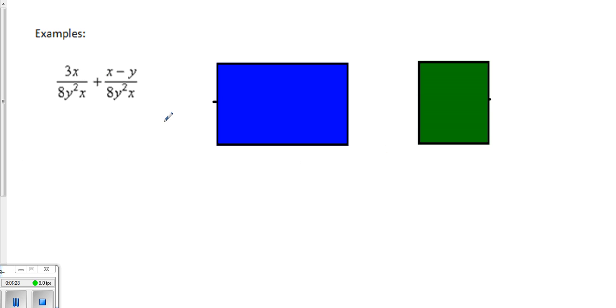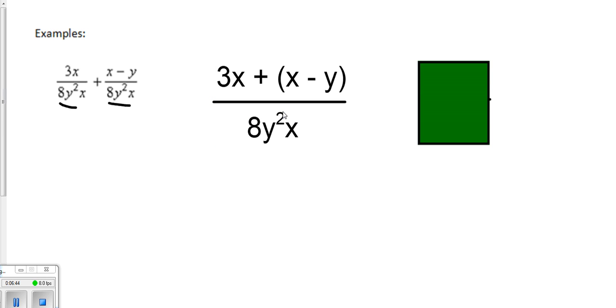Let's look at some examples of adding rational expressions. Now here we've got 3x over 8y squared x plus x minus y over 8y squared x. Notice, we already have a common denominator. So we really don't have to do anything to make a common denominator. We just start by adding everything together. 3x plus this whole thing, this x minus y.